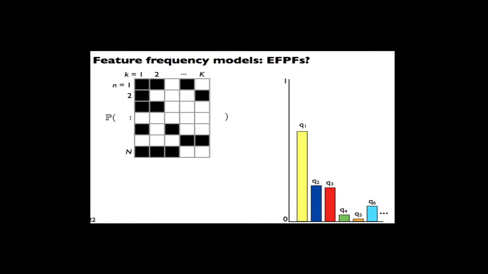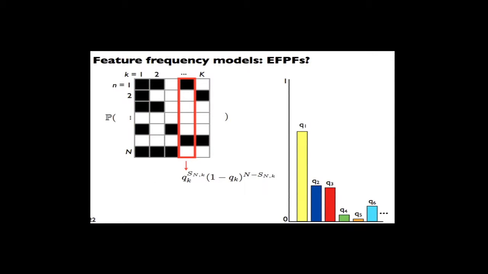In particular, any one feature is a sequence of identical and independent Bernoulli draws. And so if the probability of this feature is Q1, then the probability of this whole feature, the assignments of the data points to features, is Q1 to the number of data points that belong to this feature times 1 minus Q1 to the number of data points that don't belong to this feature.